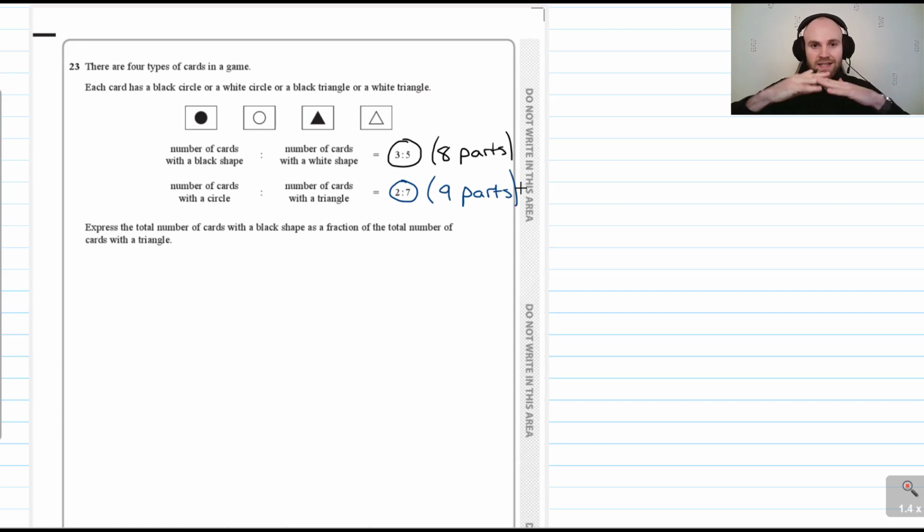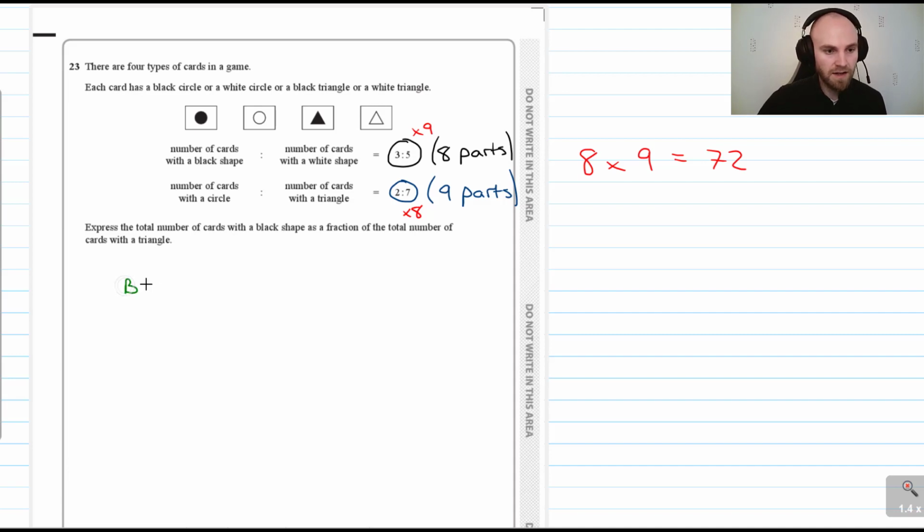I want to try and get these equal. So if we have 8 times 9, that is going to be 72. So I'm going to multiply this one with 8 parts by 9 to get to 72. And I'm going to multiply this one with 9 parts by 8 also to get to 72. So I'll put this in green.